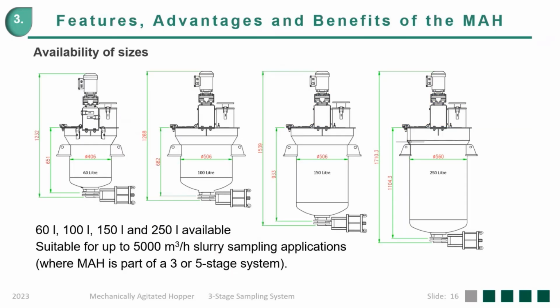There are different sizes available for the mechanically agitated hopper: 60 liter, 100 liter, 150, and 250 liter. The available sizes are suitable for up to 5,000 cubic meters an hour slurry sampling applications, whereby the mechanically agitated hopper is part of a 3 or 5-stage sampling system.